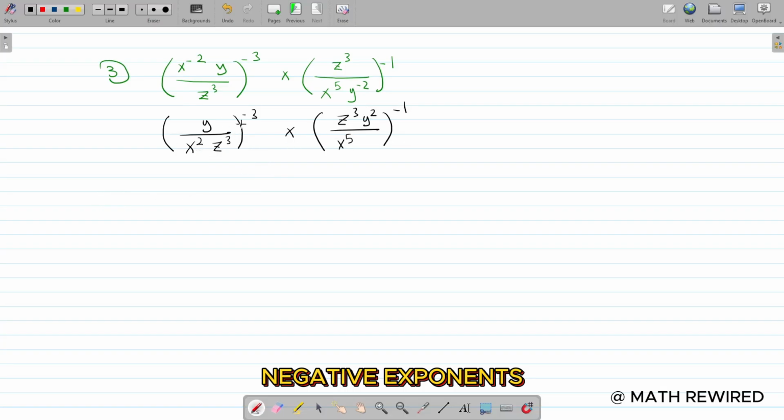Now we flip this, we make the exponent positive. So we have x squared z cubed over y all to the power of positive 3 times this here going to be x to the 5 z cubed y squared all to the power of 1.